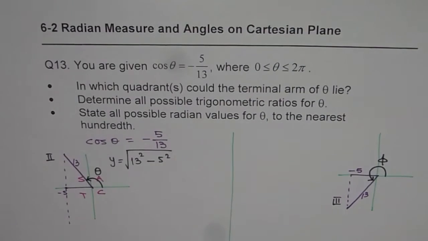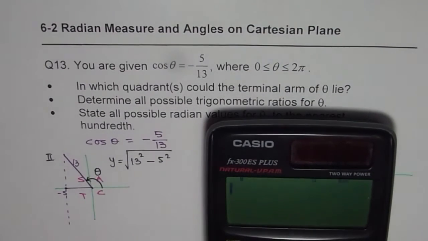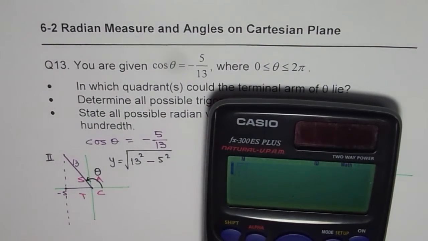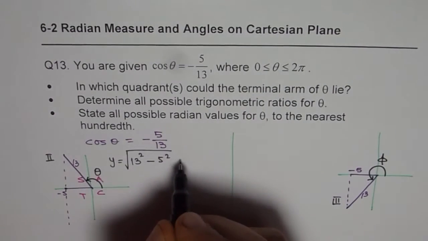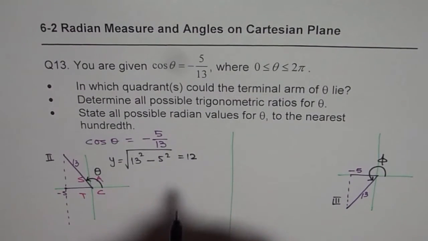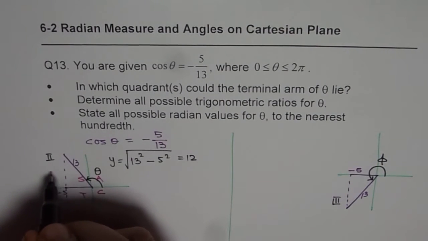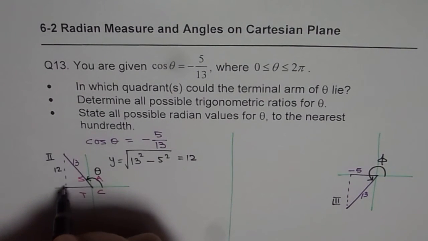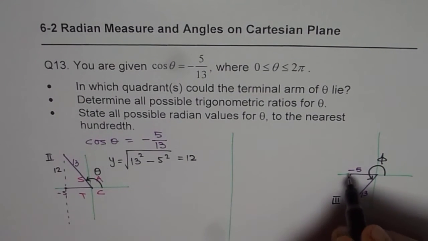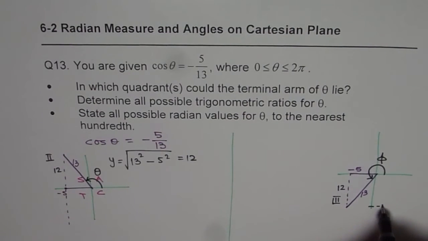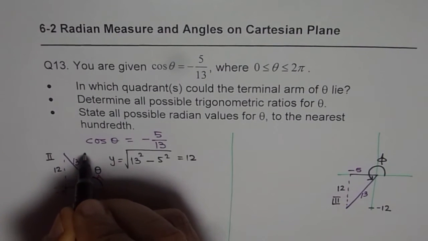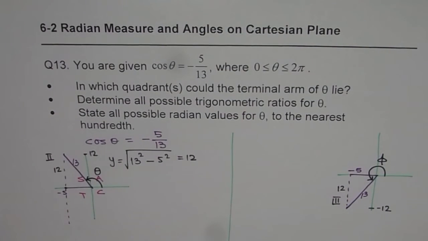You can use the calculator, and the square root of 13 squared minus 5 squared gives you 12. So this value is 12. In this case it will be 12 on the positive side. Here it will be 12 but negative. That is to say the y value is minus 12 here and the y value is plus 12 in quadrant 1.